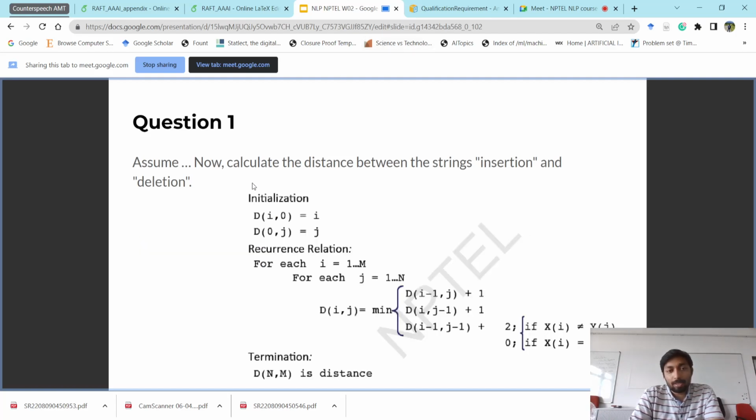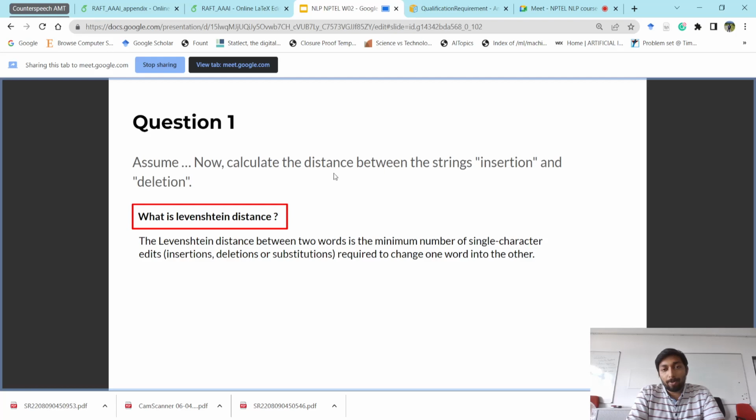So this is the formula for calculating the Levenshtein distance. So here the basic idea is to try to, how do you calculate the Levenshtein distance between insertion and deletion?